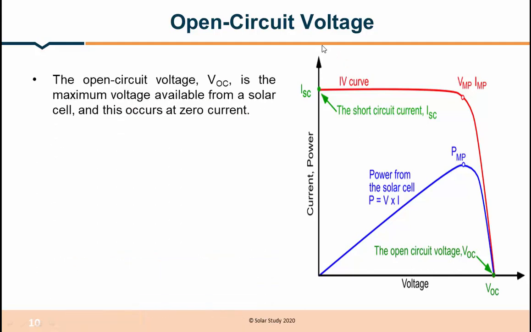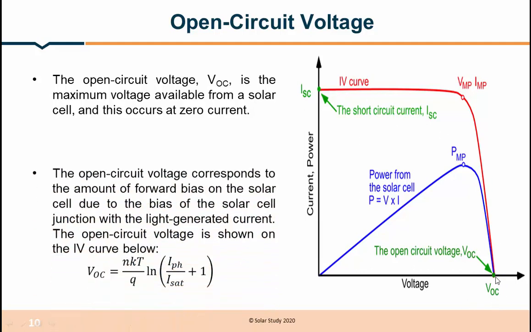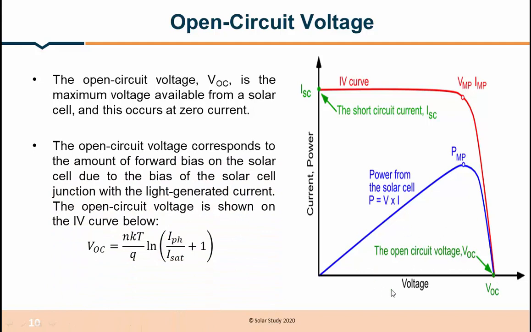What is the open circuit voltage? It is the maximum voltage available from the solar cell when the current is 0. When I get the maximum voltage, at that time the current will be 0. So how can I derive the open circuit voltage using this equation?